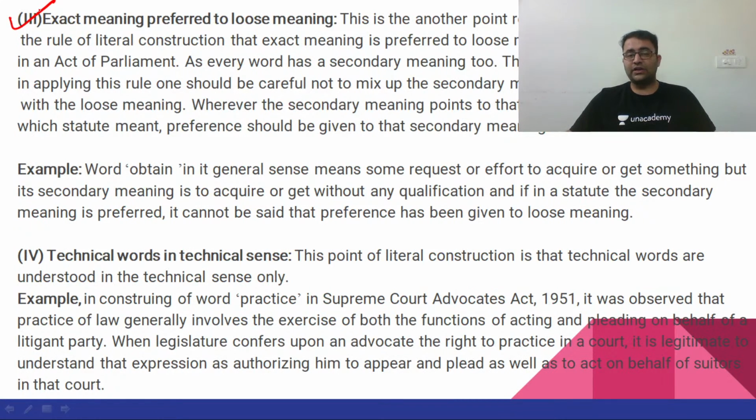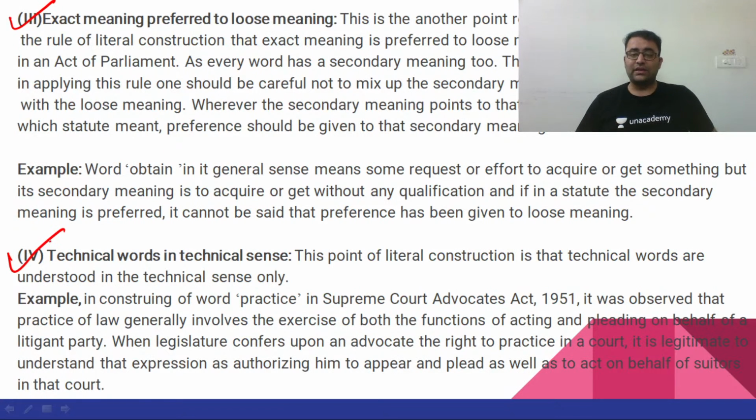Example, the word obtain in general sense means some request or effort to acquire or get something, but in the secondary meaning it is to acquire or get without any qualification, and if in a statute the secondary meaning is preferred, it can be said that the preference has been given to a loose meaning. So what this means is there's no fixed rule actually that you should look at the exact meaning only. Even if the loose meaning or the secondary meaning gives meaning to the statute, you can take that meaning. That is the secondary or the loose meaning.